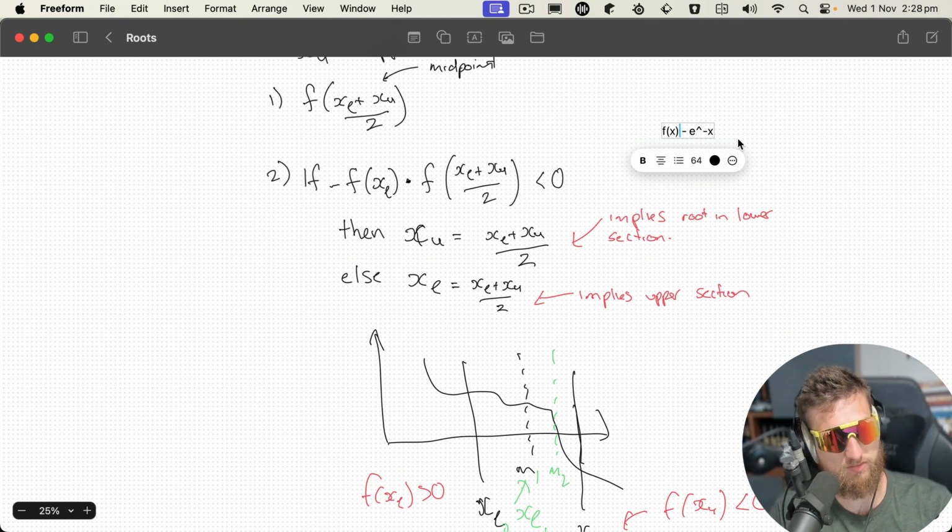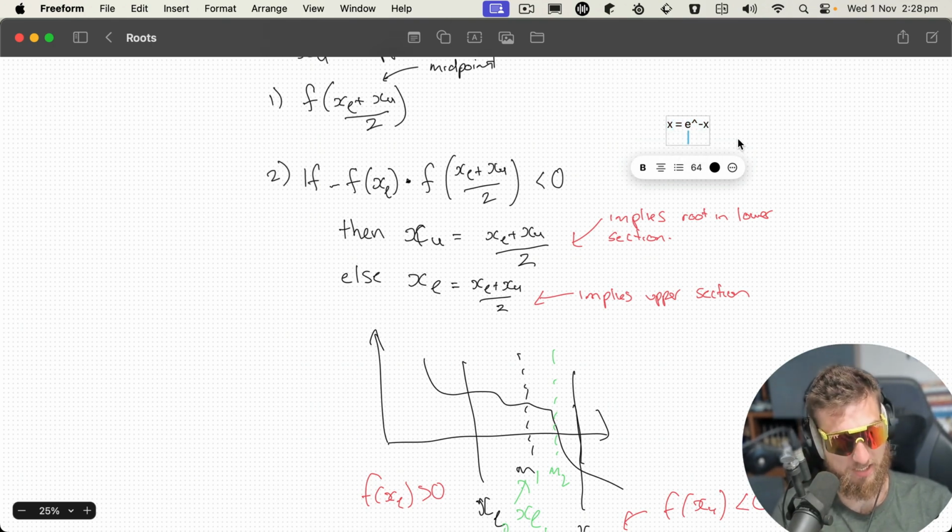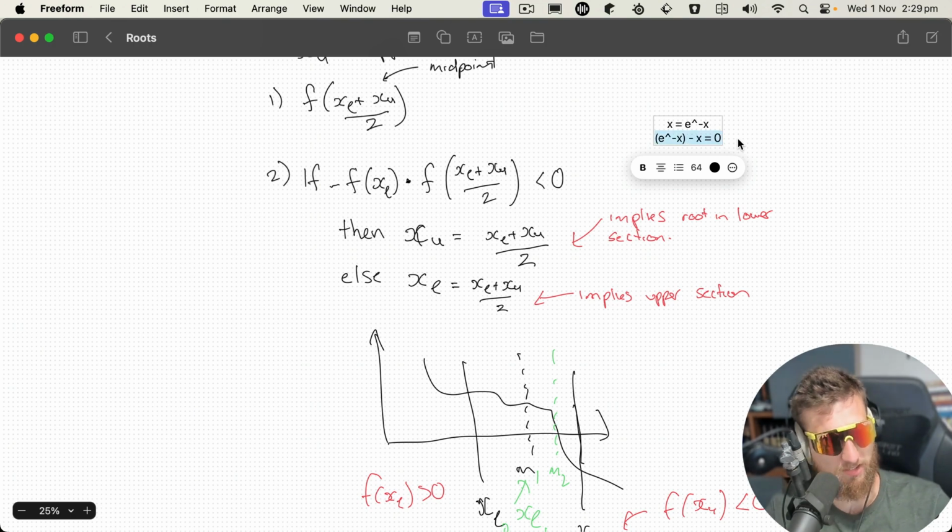Actually, no, what if we had an equation like this? x, lowercase, equals e to the minus x. This is something that doesn't really have an analytical solution. We can rearrange this: e to the minus x, and then take x away equals 0. So now we have an equation to find the roots of.